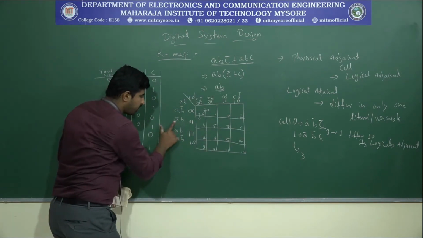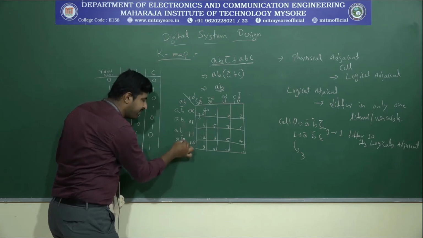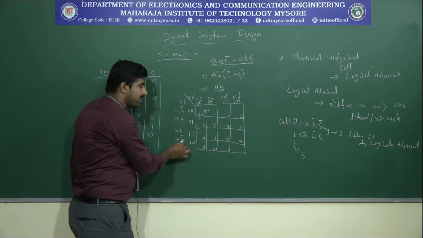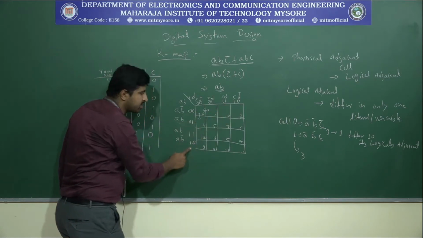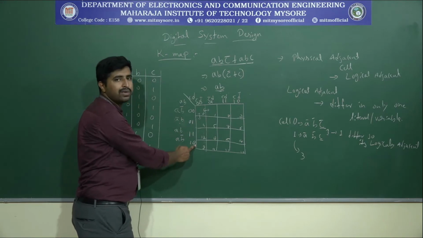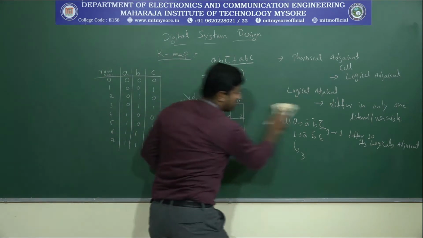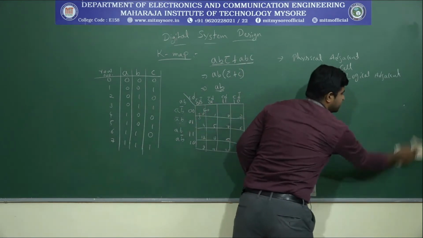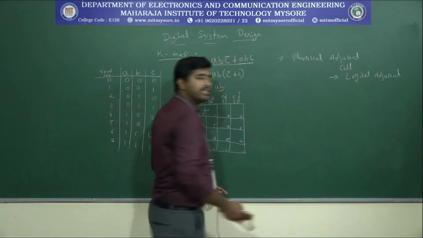Only one difference will be there, which means logical adjacency holds. That's why we write in this format 0 0, 0 1, 1 1, then 1 0. Now let's see which cells are adjacent to which cells.